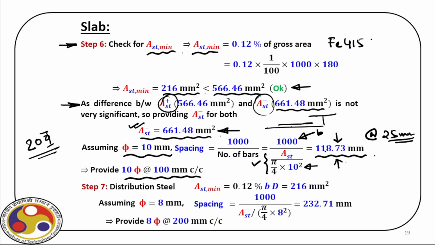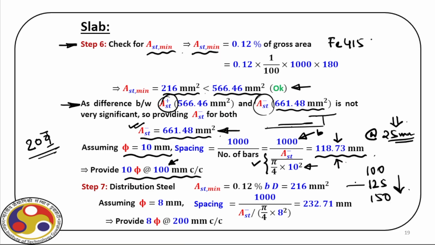So instead of say 115, we prefer to have 100, because this is roughly about 4 inch. 1 inch is 25 millimeter. So that's the reason at site it is provided like this, either 100 or 125 or 150, like this.